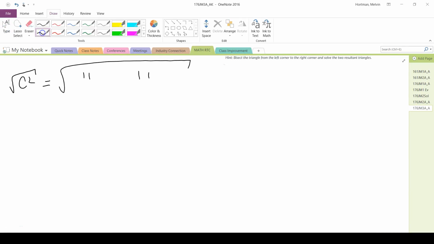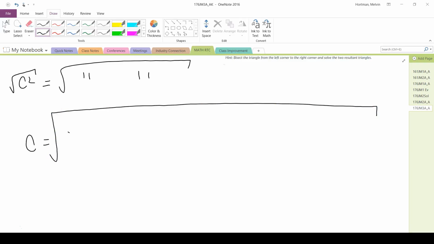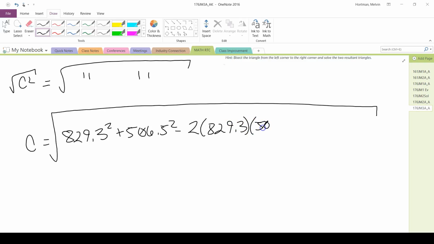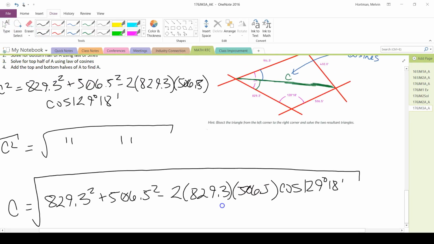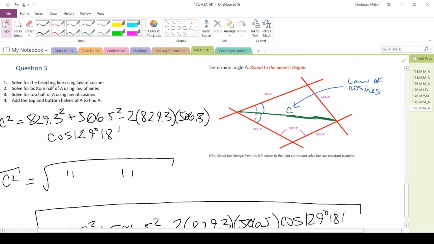What we end up with is C equals the square root of 829.3 squared plus 506.5 squared minus 2 times 829.3 times 506.5 times cosine of 129 18 degrees. And it's really important to write out your work for long problems like this because it's very easy to make a calculation error.